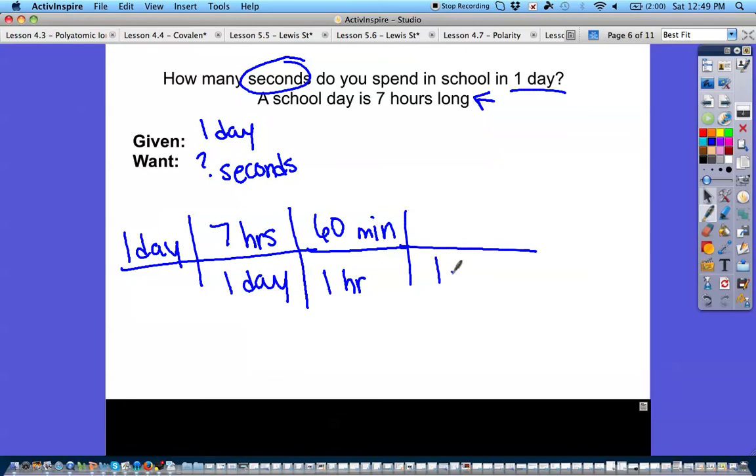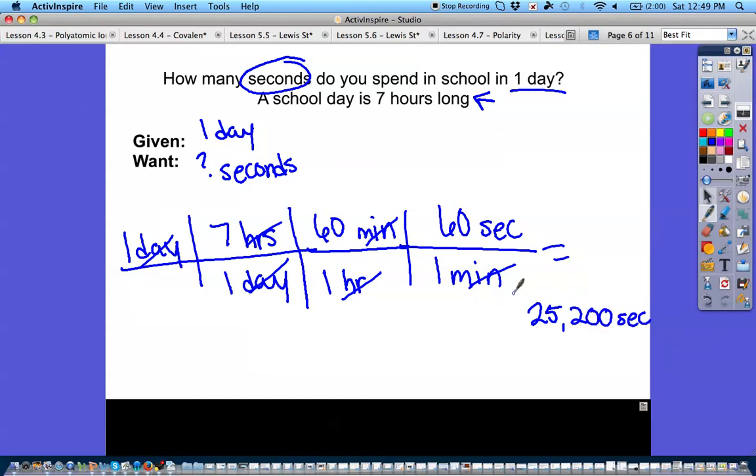So in 1 minute, we have 60 seconds. And that's going to give us the units that we want. So then we just have to multiply across the top and divide by everything on the bottom. Here it's 1, so it's just going to be itself. So this is 25,200 seconds is how long you spend in school in a 7-hour day.